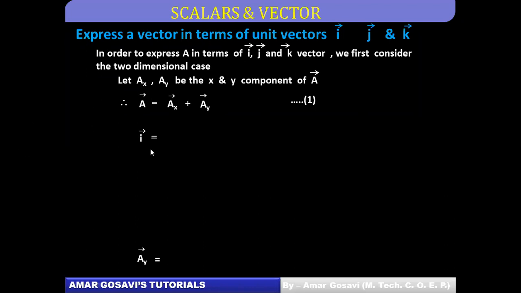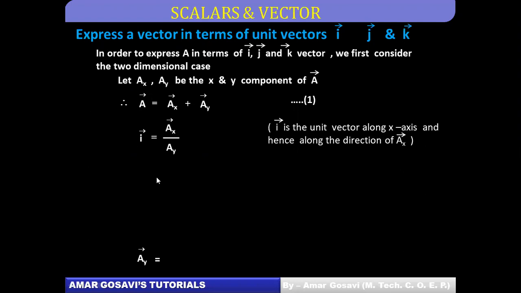So can I say then in that case how we represent i cap? We have seen it is ax bar divided by ax, basically. Here it's wrongly mentioned. So ax bar is a vector and ax is the magnitude, you can say, or a is the magnitude in this case. Okay, so here you can see along the direction.